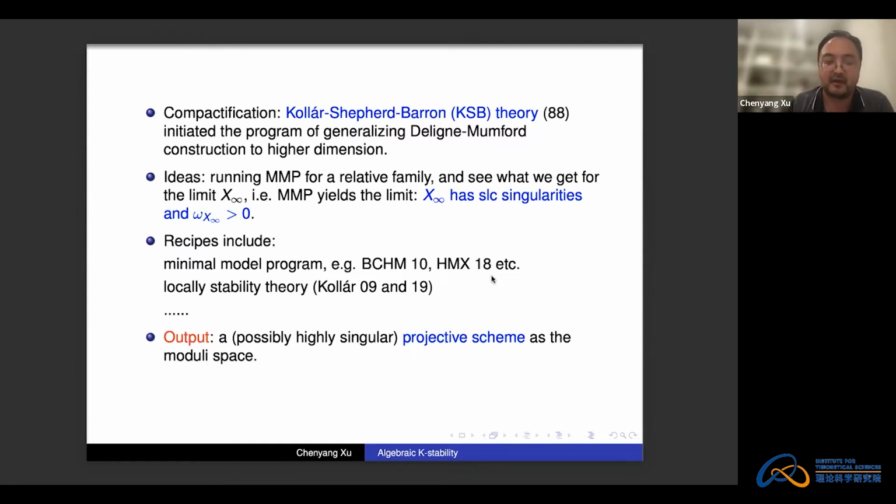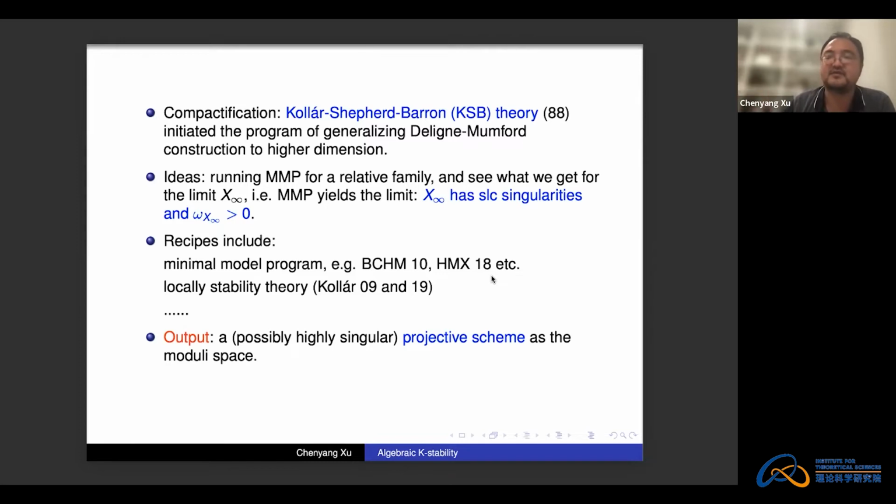So it is a three-dimensional minimal model program, which was actually a very hot topic in the 80s. At that time, Kollár and Shepherd-Barron realized that MMP can be used to construct the limit, that is, the compactification. Roughly speaking, how do you get to the limit? You just start with a family, you resolve it in some reasonable way, and then you run MMP. As long as you can run MMP, it is not very hard to prove the output will be the same.